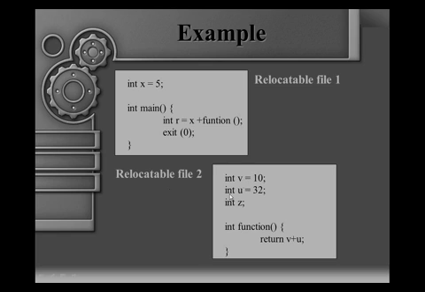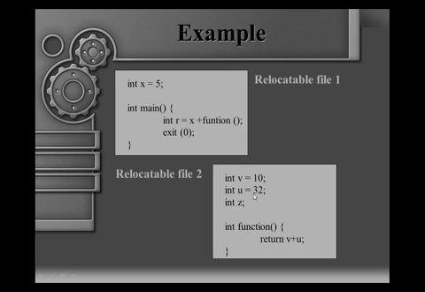Then next is relocatable file 2: int v equals 10, u contains the value 32, and then there is a z variable. Now you see the difference.